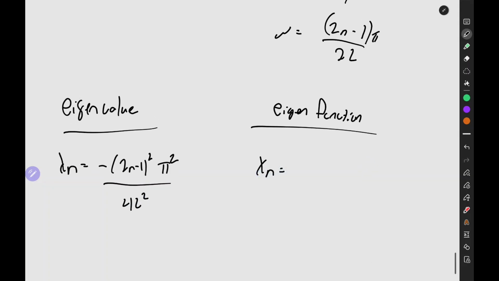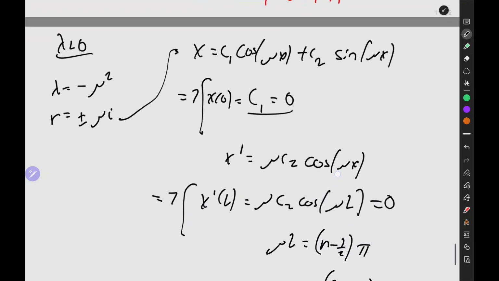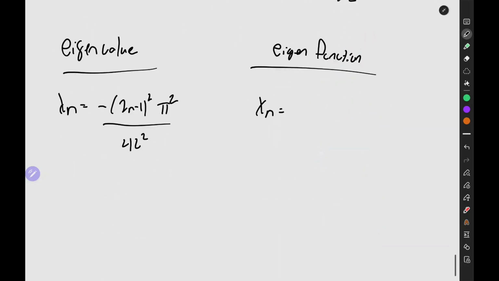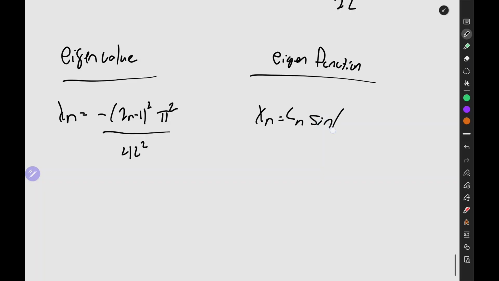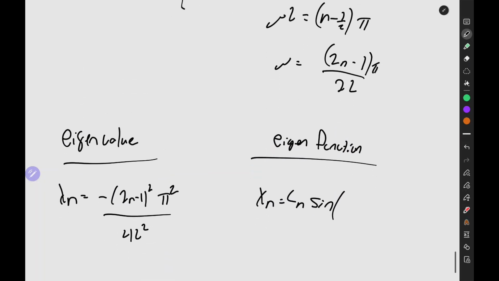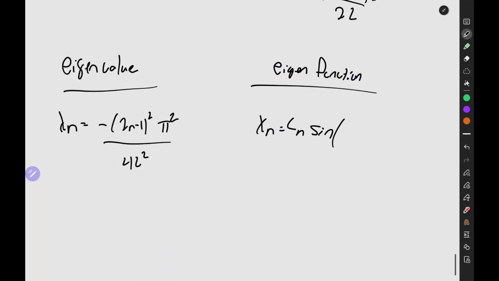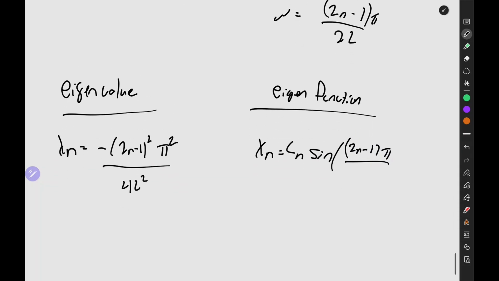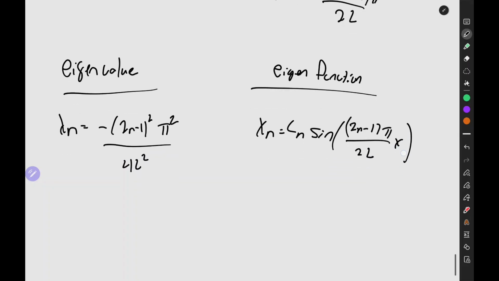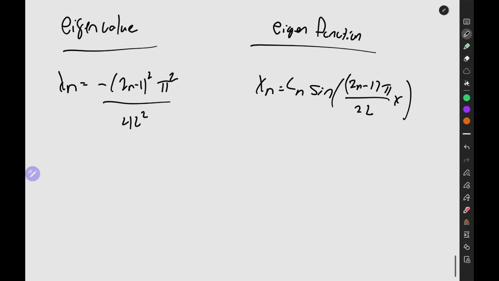Eigenfunction X_n, we were left with C1 is 0, so C2 sine, so it's C_n sine of 2n minus 1 times pi over 2L times x. Little x, right?